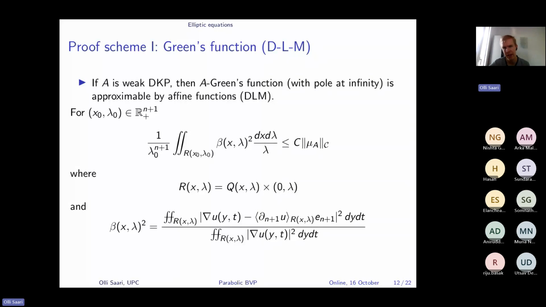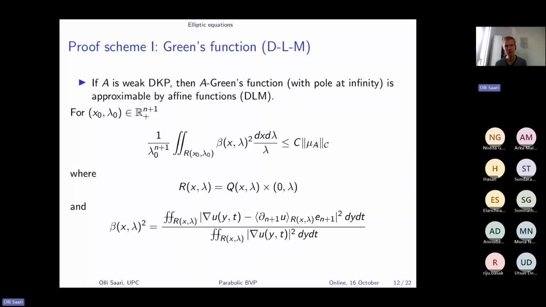And they prove that indeed, for this Green function with pole at infinity, this square function is bounded by the Carleson measure norm. So this was the first item. This is a slightly technical result, but it was published as a standalone, because they had their motivation for studying this kind of estimates.